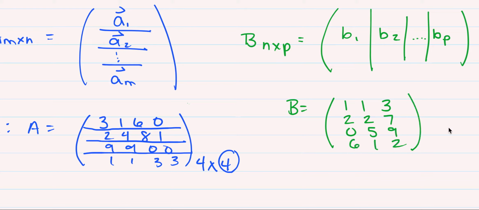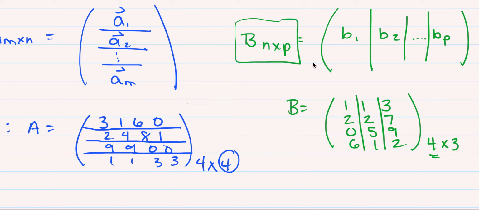Let's say this is the matrix B. Well, you can see I have 3 columns, so I can think of it as a matrix with 3 column vectors. This matrix is a 4 by 3 matrix, and each column has 4 entries, 1, 2, 3, 4. Okay, so for a random matrix that's n by p, it's going to have p columns and n entries in each column, corresponding to this number here, just like I have here.